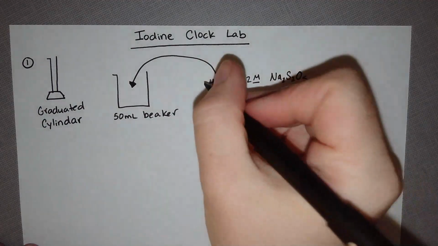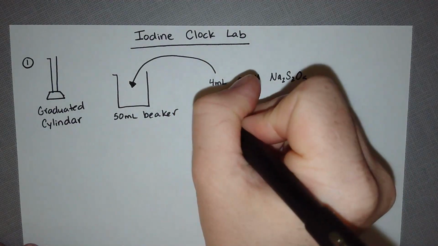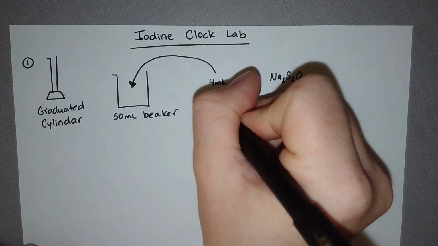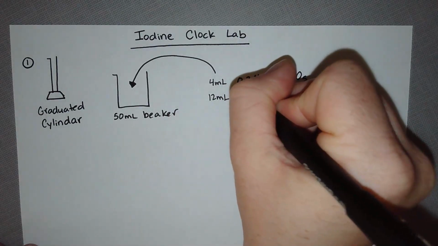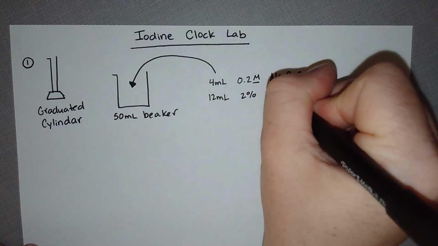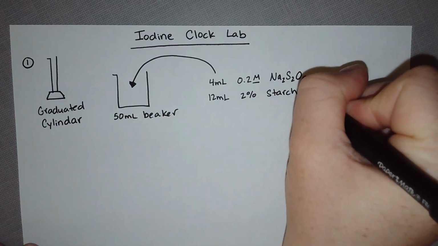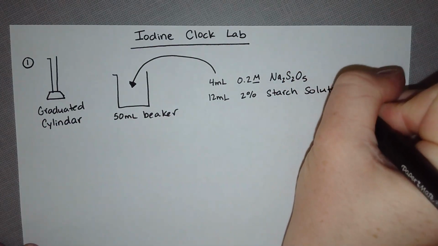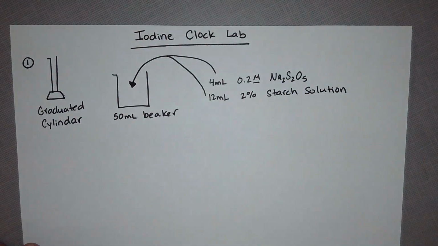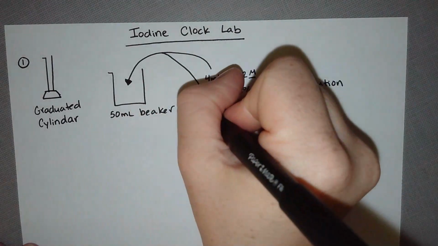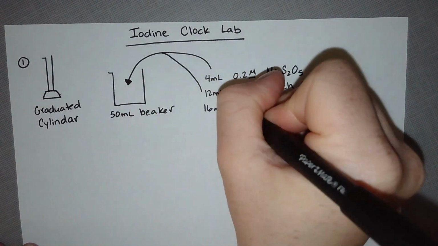And then we are going to add, all of this is going into the same beaker, 12 milliliters of a starch solution, and it's going to be a 2% starch solution. Into the beaker. And then we're going to dilute this down, so we're going to top it off with 16 milliliters of water.